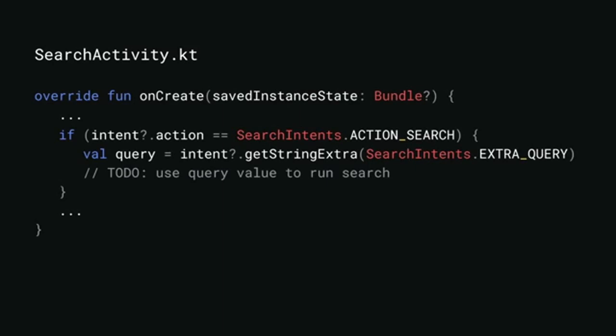We're going to read off a special string extra, search intents extra underscore query, which is going to be that search term that I was talking about before. And then at that point, kind of like before, it's really up to your app as to what to do next. If you have a search screen in your application, you're probably going to want to open that up, populate the text entry field, and execute the search for the user.